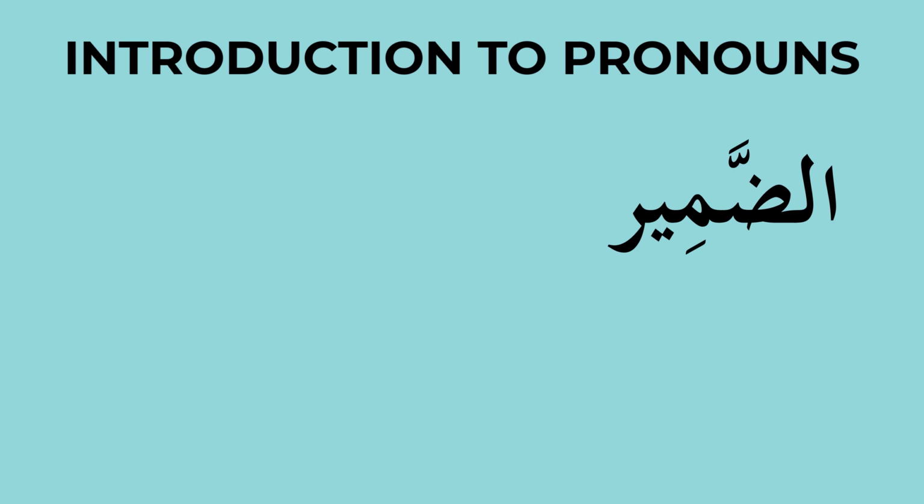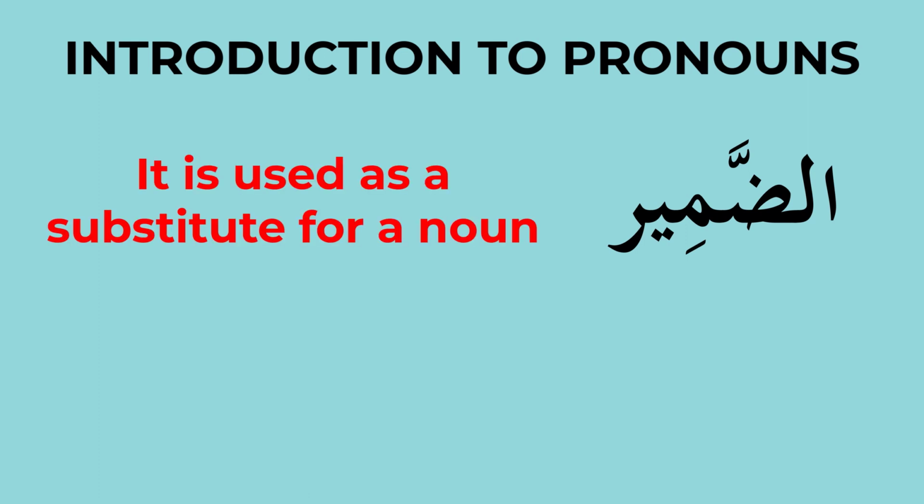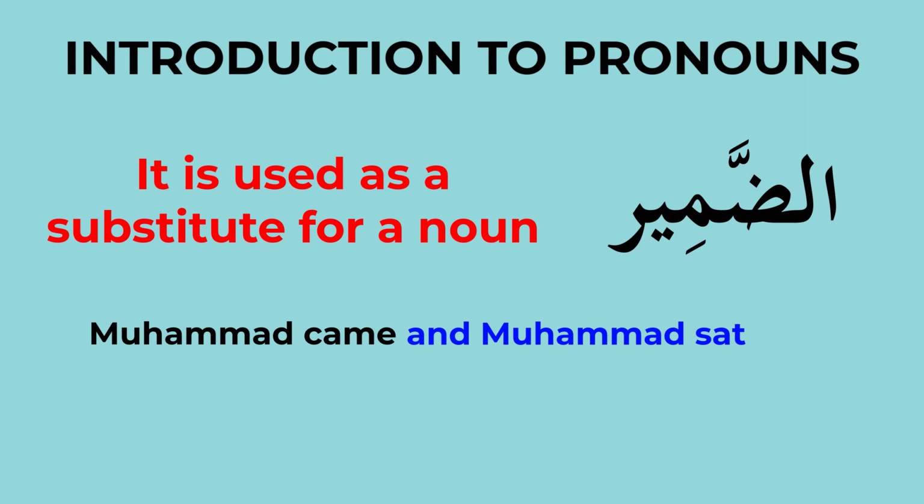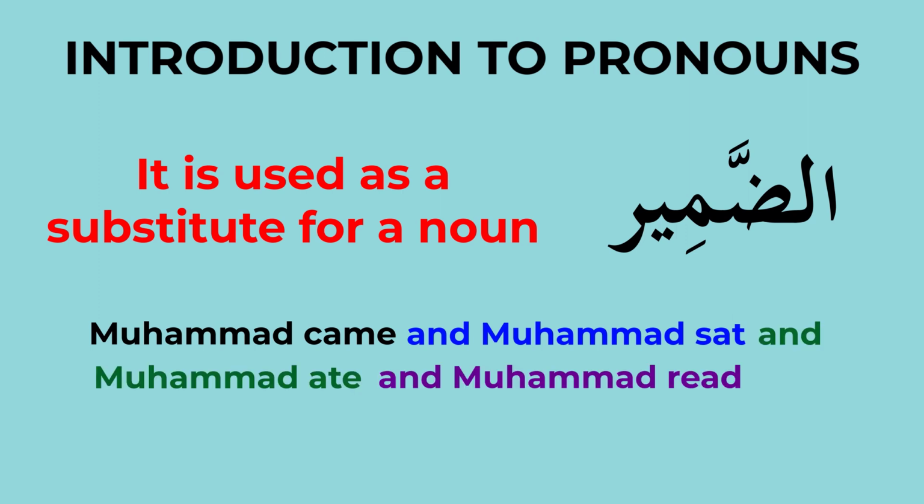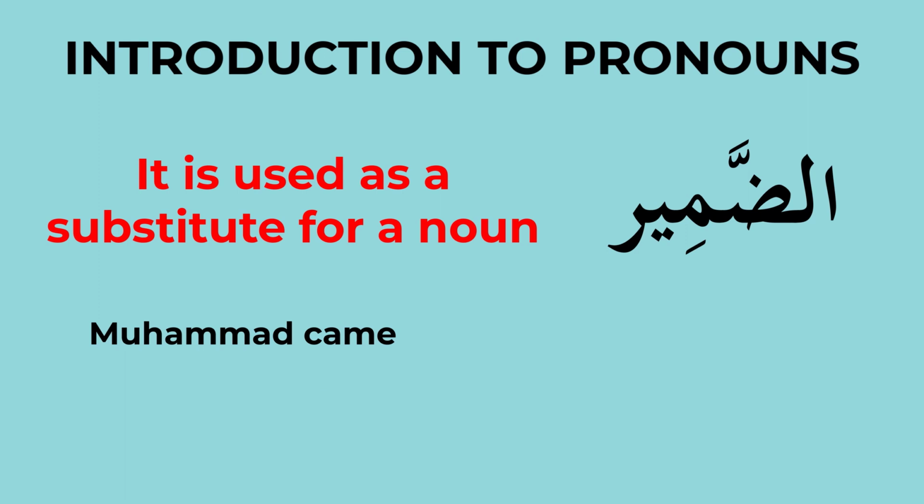Now, pronoun is a word used as a substitute for a noun, so that you don't repeat the noun all the time. If I say to you, Muhammad came, and Muhammad said, and Muhammad ate, and Muhammad read, brother, it doesn't sound nice to your ear. What I will say is, Muhammad came, and he sat, and he ate.